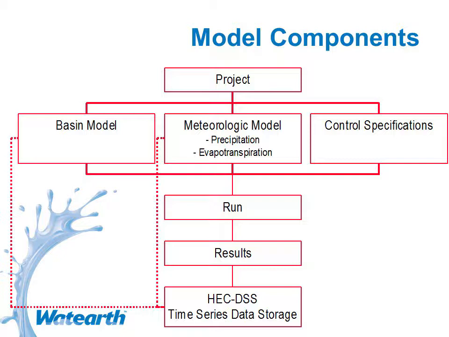There's also paired data, where you enter data in the basin model, but sometimes you have to go to a different place and say, okay, here's what the curve looks like, and then the basin model has to reference that curve or use such and such stage hydrograph. So it's incorporated in a couple different areas.